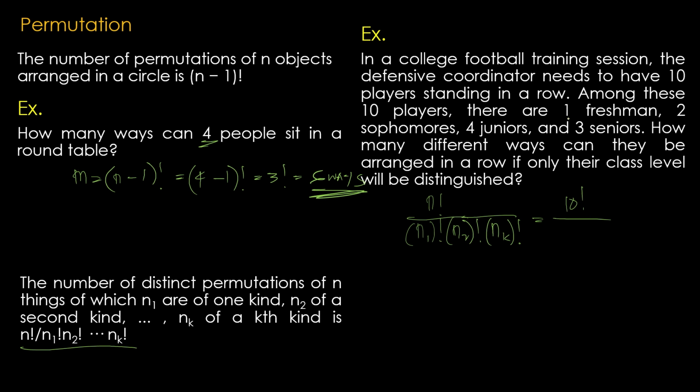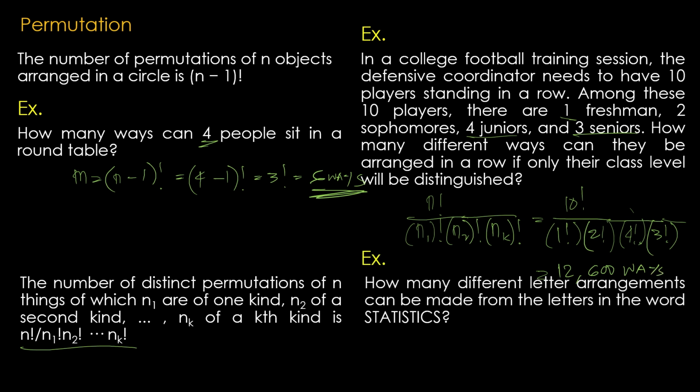And you have 1 freshman, 2 sophomores, 4 juniors, and 3 seniors. So, 1 factorial times 2 factorial for the sophomores, 4 factorial for the juniors, times 3 factorial for the seniors. So, what is the answer? 12,600 ways.